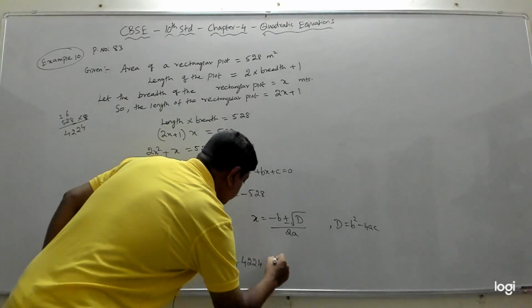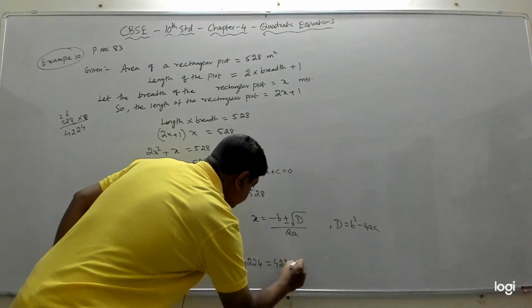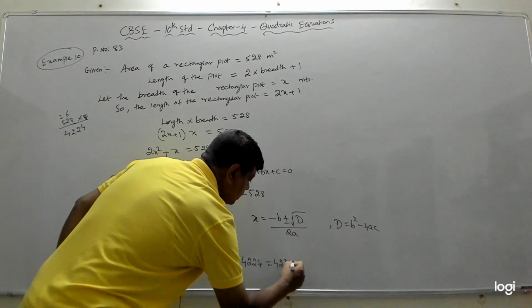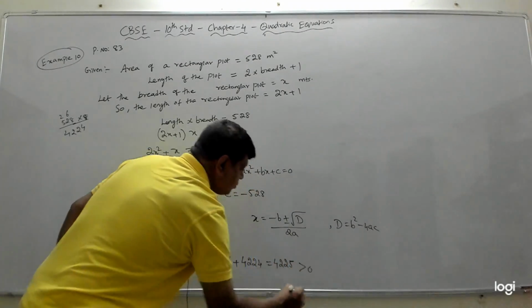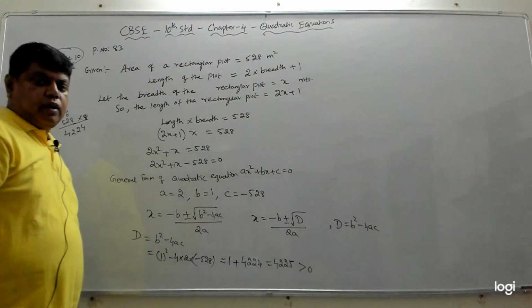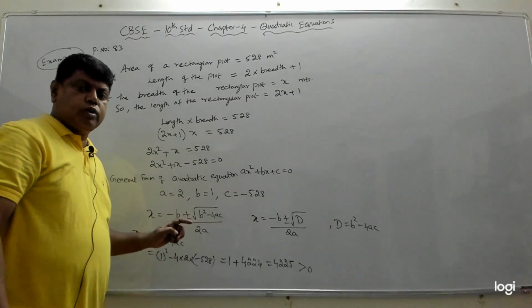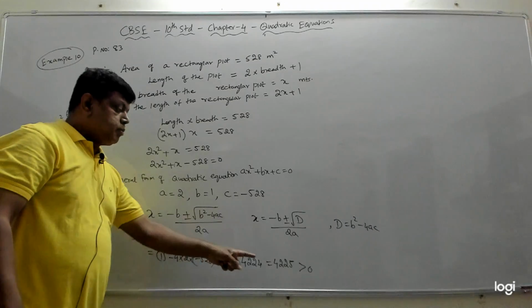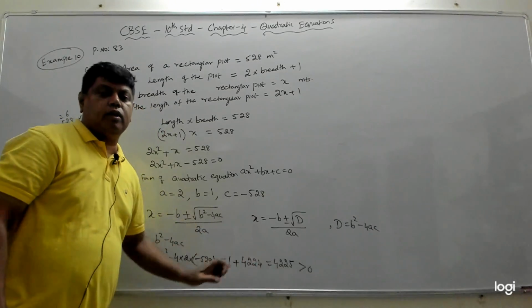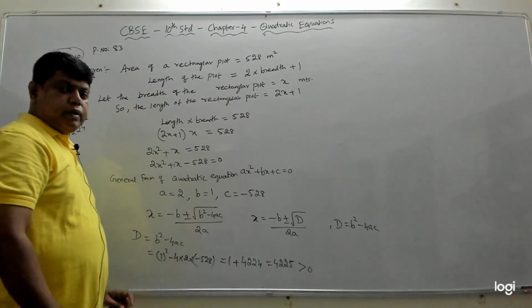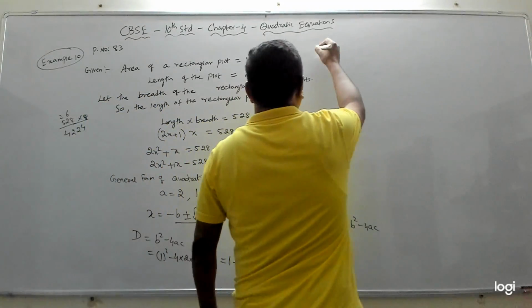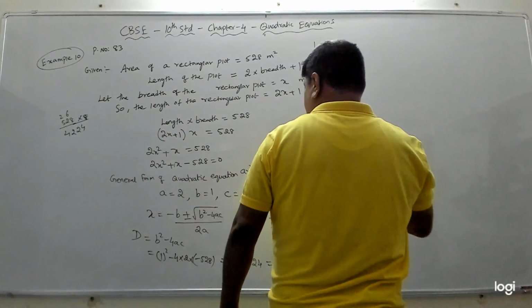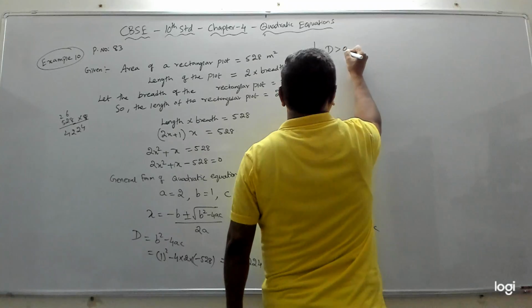So that will become 4225, which is a positive value, which means D is 4225, which is greater than 0. If it is greater than 0 or equal to 0, we can proceed and apply this formula. If it becomes negative, minus something, then we have to stop the problem and say there are no real roots. So now D is positive, so we'll say D is greater than 0.